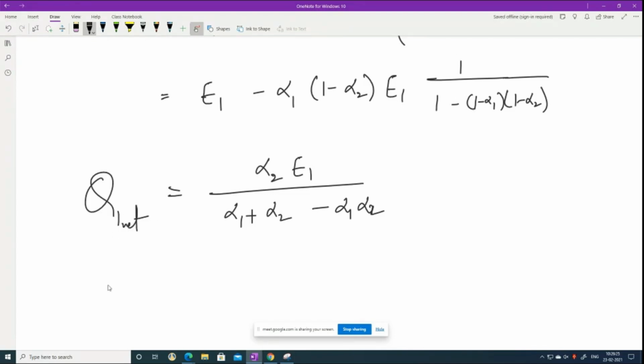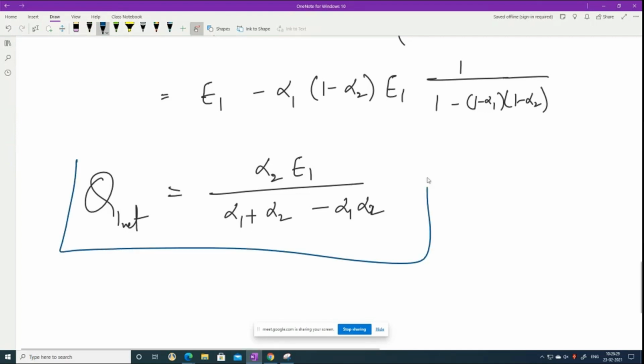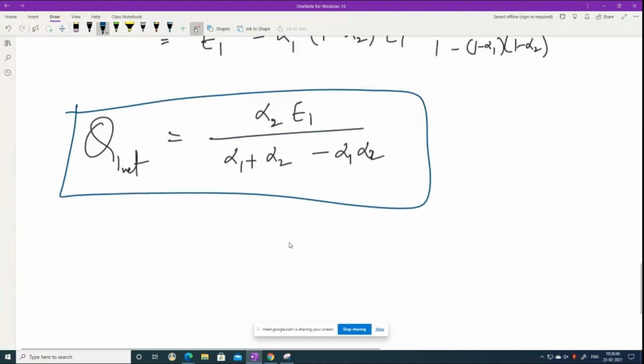So this is your expression here. This is a very important expression that you should remember. Q1 net, if you write here, you will get E1, E1 meaning sigma T1 to the power 4. So these are the absorptivities of the bodies here, body 1 and body 2.